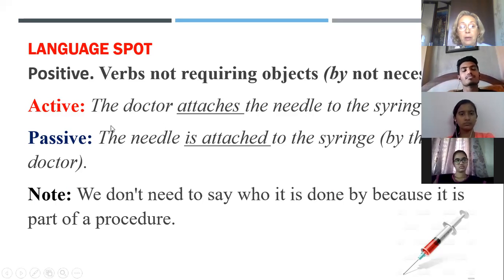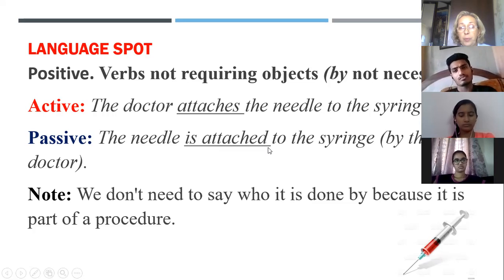And in the passive voice, we replace the doctor with the needle, which was the object of the sentence. It becomes the subject, and we change the form of the verb. It is the passive voice form: the needle is attached to the syringe. We can stop with this, or we can add by the doctor. There is a note: we don't need to say who it is done by, because it is part of a procedure. We just say this, but we don't need the information about the agent, the person who does the action.